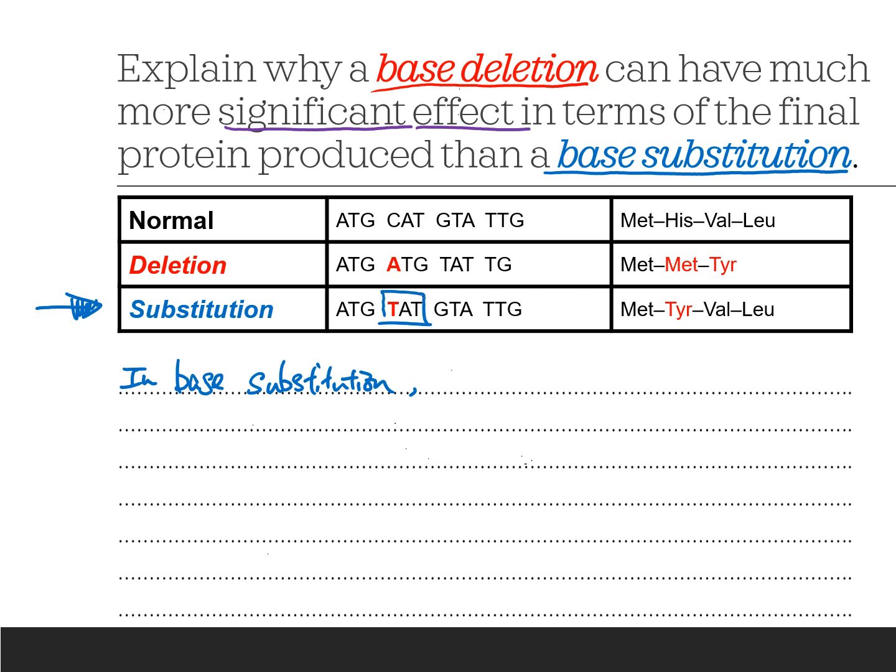So therefore, in base substitution, only one triplet code is affected, or you can say it's altered, it's changed, which leads to a change in one amino acid.